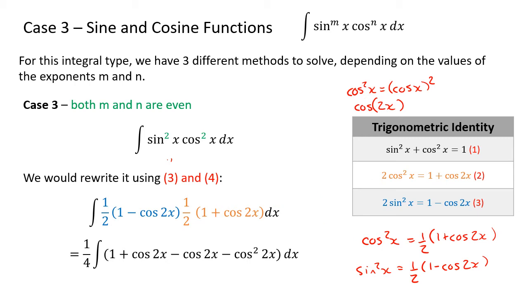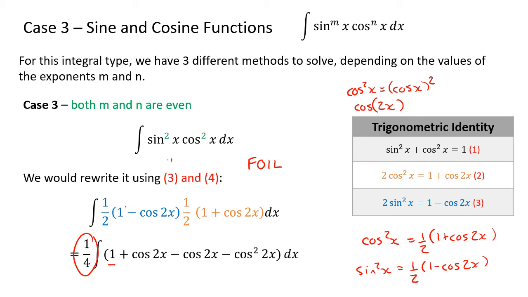So next we've done a couple of steps here. The first is I've removed the constants from the integral. So I have the 1/2 and the 1/2. Multiplying those out gives us 1/4. Then in the bracket, I've actually multiplied these out, remember, using FOIL. So the first terms, 1 and 1, gives us 1.